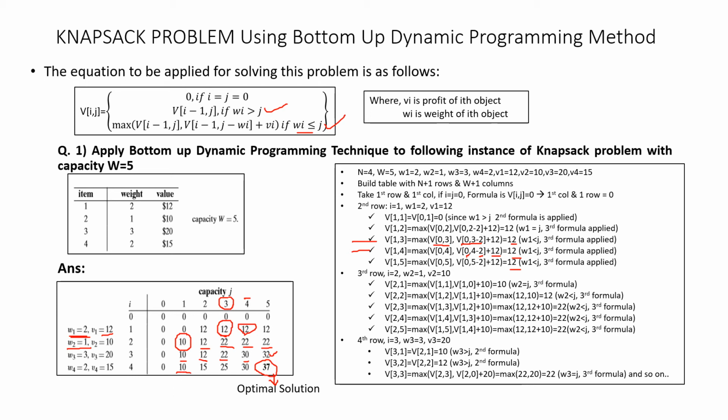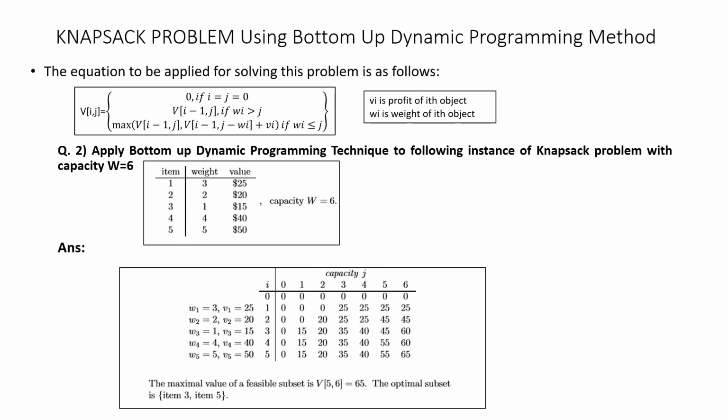Second formula. This one, 2 is equal to 2. Third formula. This one, 2 is less than 3. Third formula. For this one, 2 is less than 4. Third formula. And this one, 2 is less than 5. Third formula. So like that you will just get the solution here. And this 37 is the optimal solution. Fine. This you have to go on continuing for each of the objects.